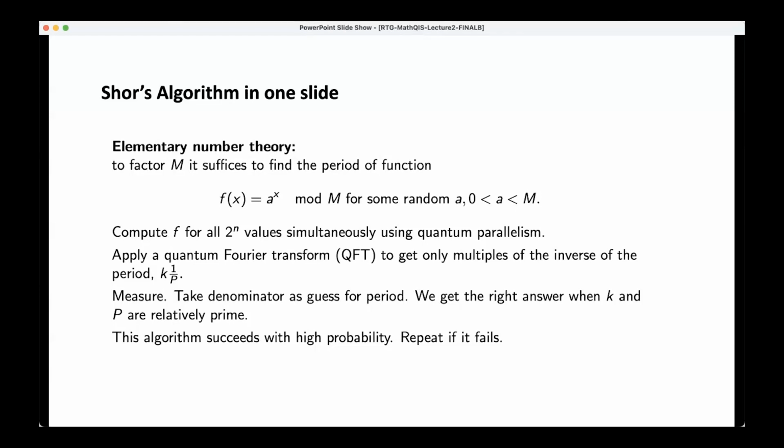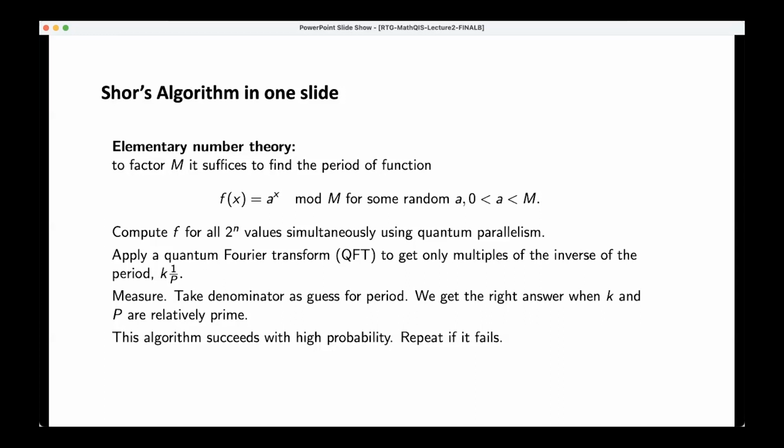And this is where, in Shor's algorithm, the concept of quantum parallelism is very important, because in order to find the period of this function, you have to apply quantum parallelism. You compute f for all 2 to the power n values simultaneously using quantum parallelism.